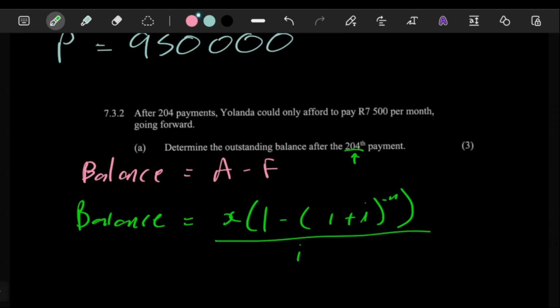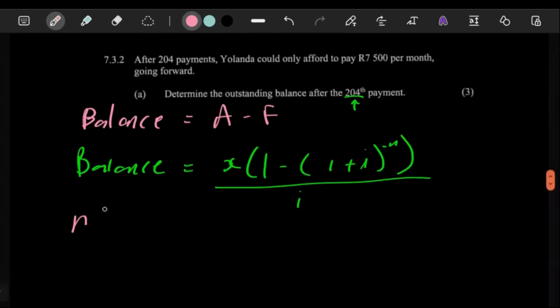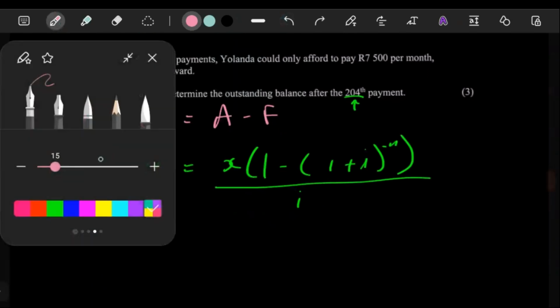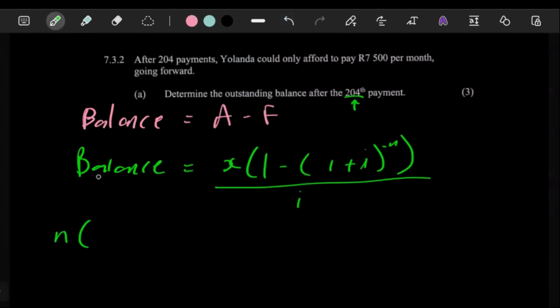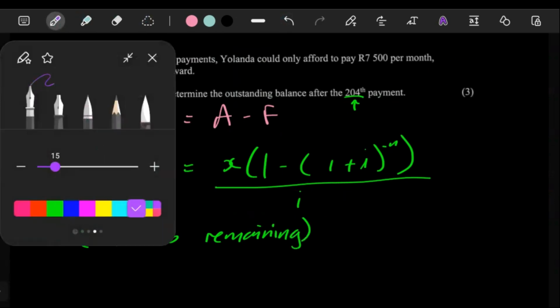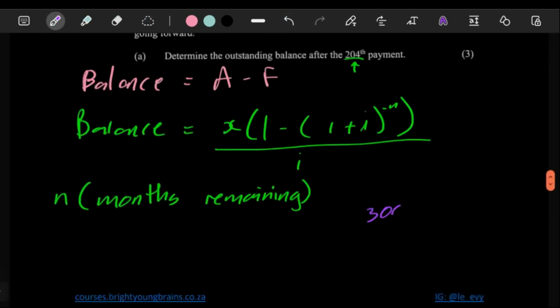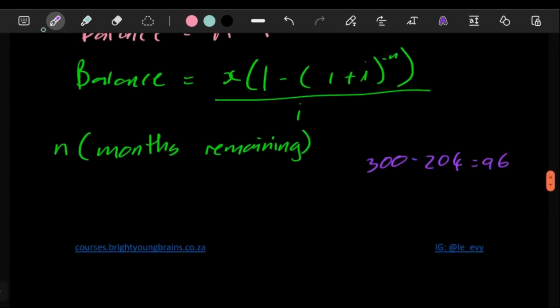You have to keep in mind that n is the months remaining. In our case, out of 300 months, if you remove 204 months, there are 96 months remaining. So we can use that to get the balance on the loan.